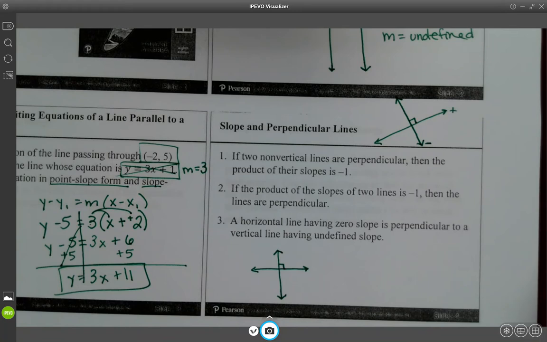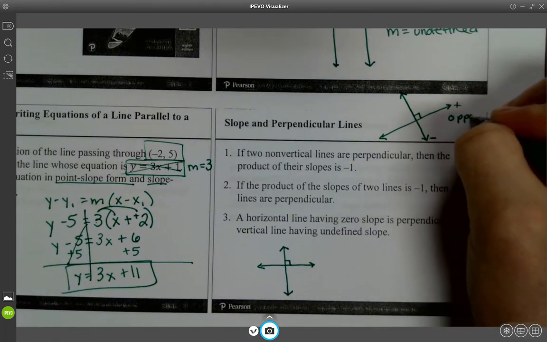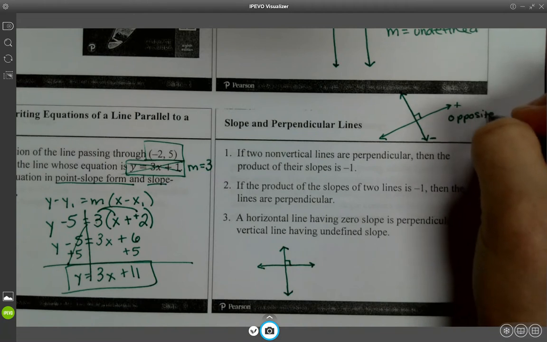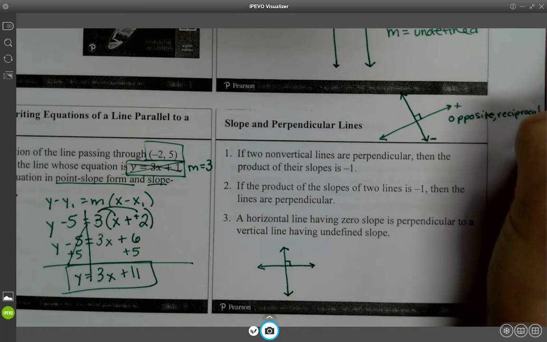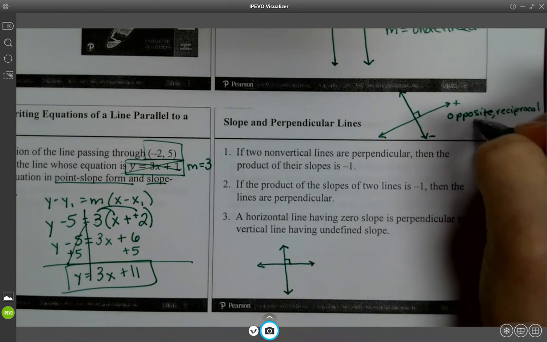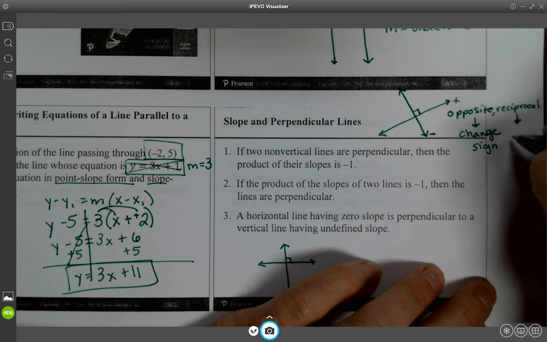So the way that you can find your slope is you are going to do the opposite reciprocal. Opposite means change sign. So if it's a positive, the perpendicular would be a negative. Reciprocal means flip the fraction.